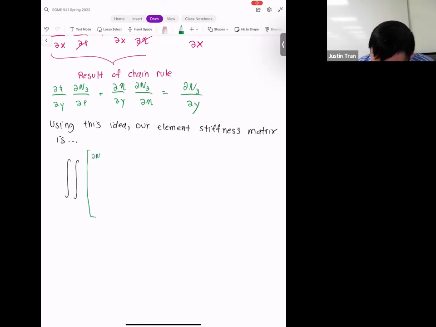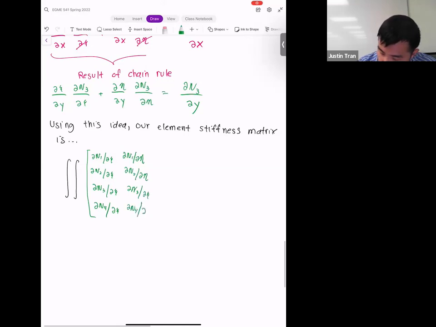And so we have partial N1, partial epsilon, partial N2, partial N3, partial N4, partial epsilon. And the same thing with etas.